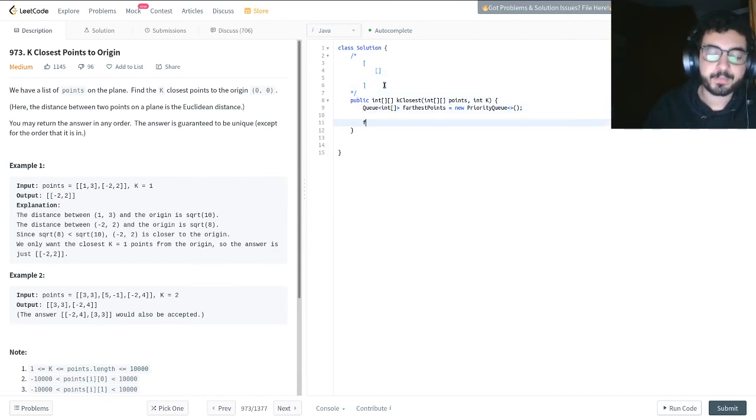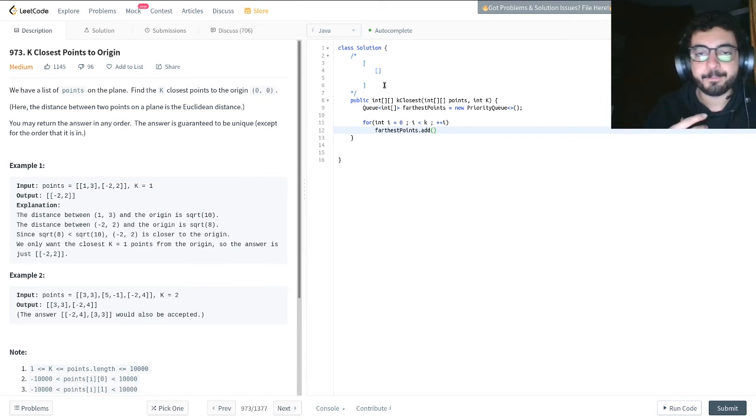So for int i is equal to 0, i is less than k, plus plus i, farthest points dot add. Well, we would need to put the array itself, so points of i.